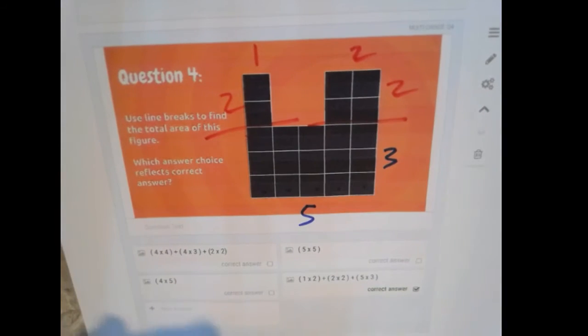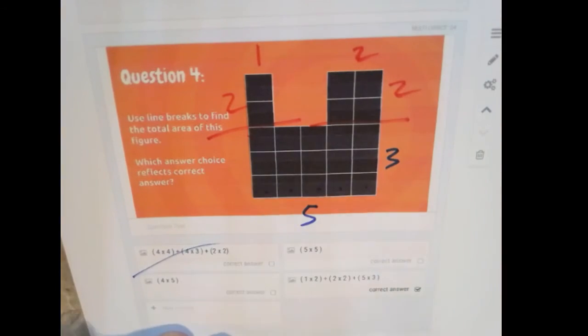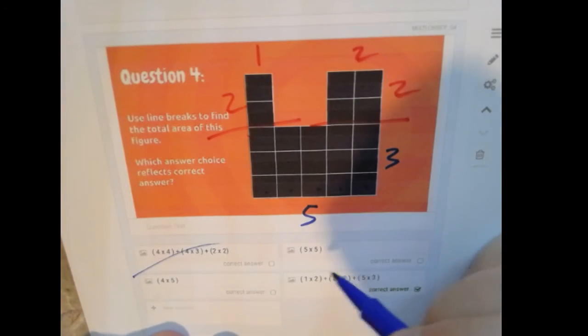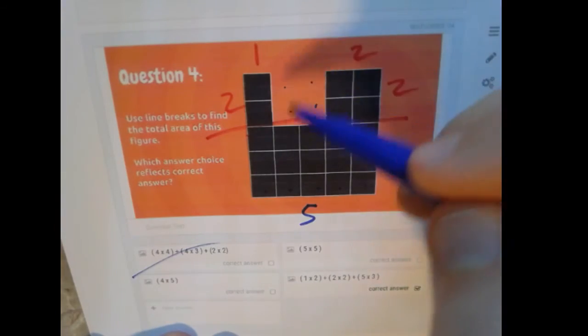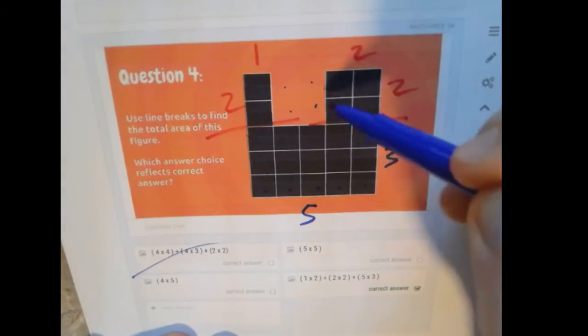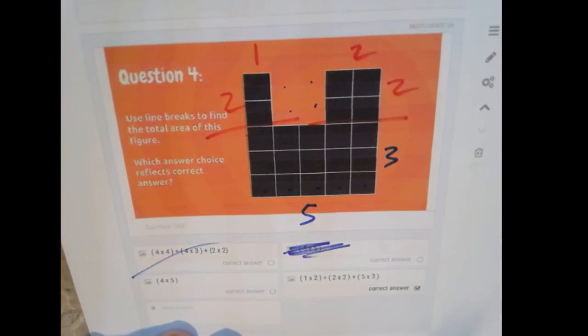Okay, so we're looking for 1 times 2 plus 2 times 2 plus 3 times 5. We see that here? 4 by 4. I don't see any 4 by 4 sections, so that doesn't make sense. 5 by 5. This wouldn't make sense if we were talking about where we didn't have those pieces bitten off of our, maybe this is a candy bar. So 5 by 5 would work if there was no pieces missing, so that's not going to work for us.